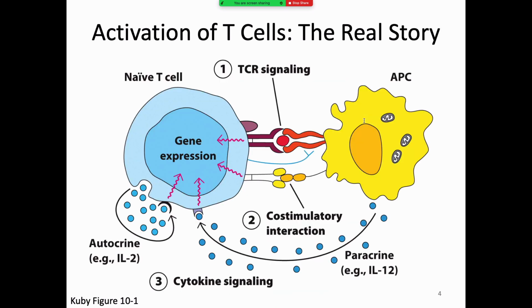In reality, when immunologists think about activating T cells, there are three pieces to the puzzle. One is TCR signaling. There are others known as co-stimulatory signaling and some cytokine signaling. Immunologists often refer to these as signal 1 and signal 2.